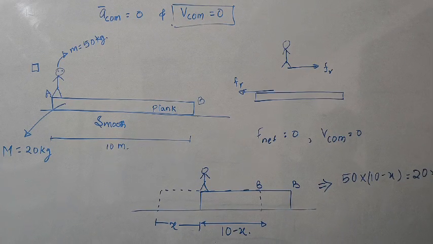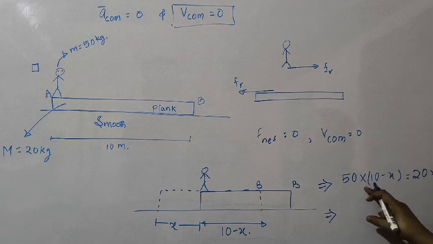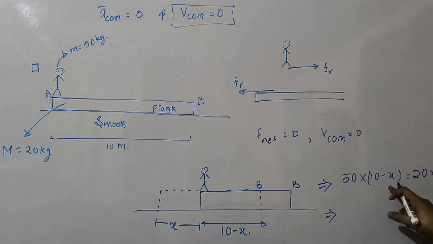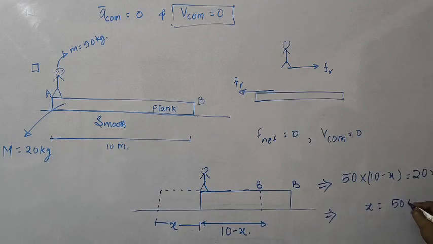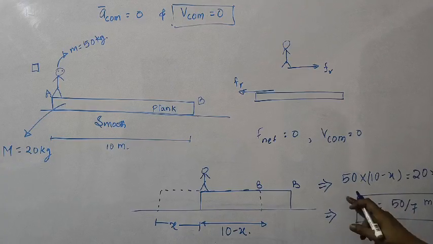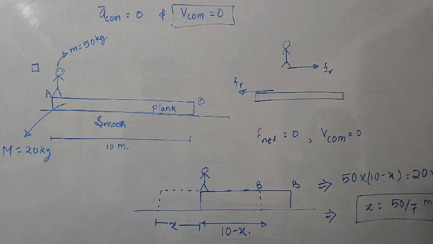From here we can find the value of x: 500 minus 50x equals 20x, so 70x equals 500, so x is 500 by 70, that is 50 by 7 meter.